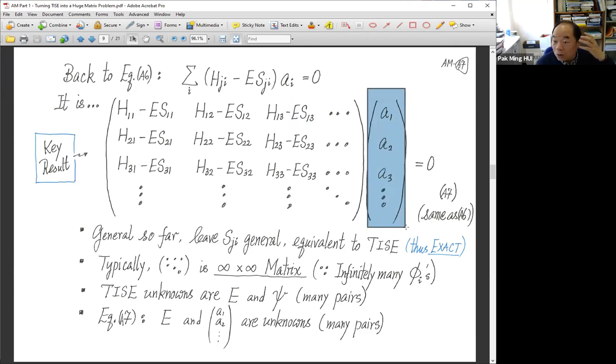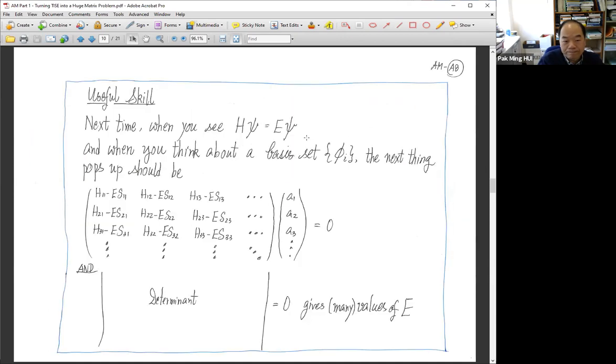No. There are value E and psi pairs. So we are expecting there will be many values of E, and then for each one of them, there is a corresponding eigenvector. Okay? So now life will become easier. We want to solve for E. How? Okay?